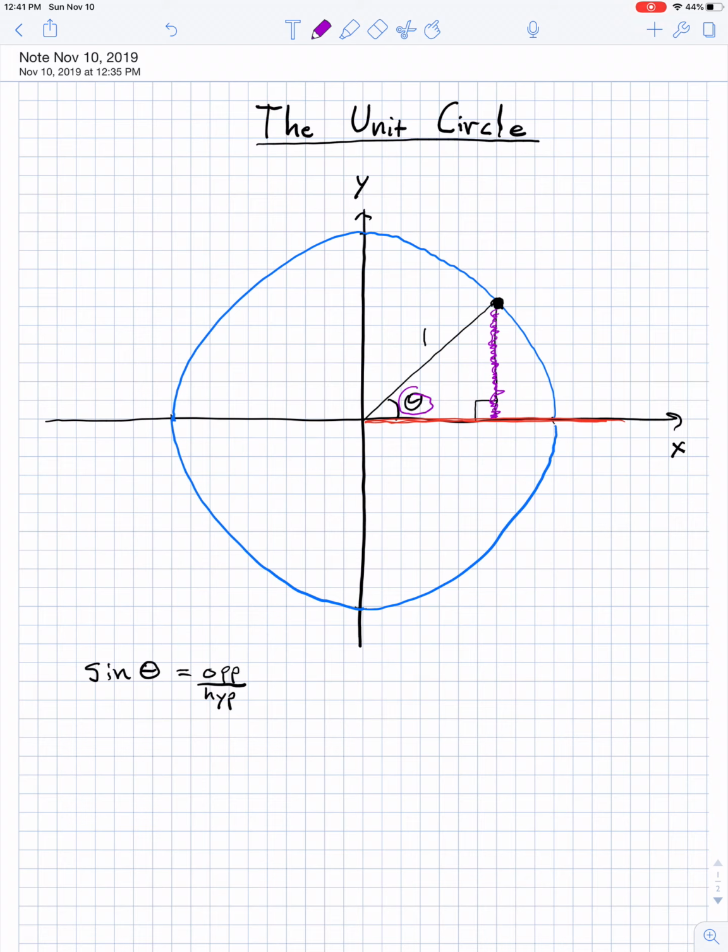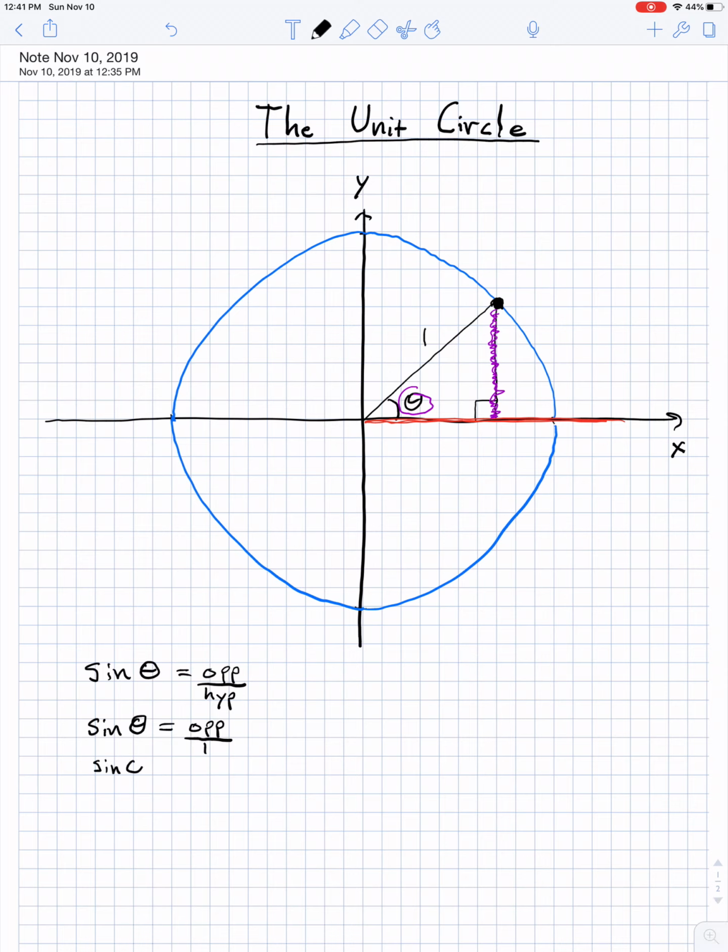And then the angle we've already drawn here, this is the angle theta. So let's use our sine equation to put that all together. We get the sine of the angle theta is the length of the opposite side, divided by the length of the hypotenuse. Well, what is the length of the hypotenuse in the case of the unit circle? Give you a hint, it's in the name. It's unit circle because the hypotenuse has length 1. The length of the opposite side divided by 1 is just the length of the opposite side.